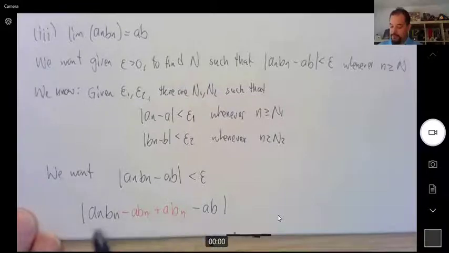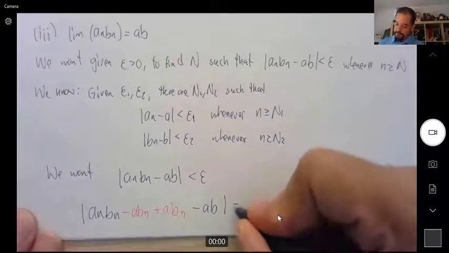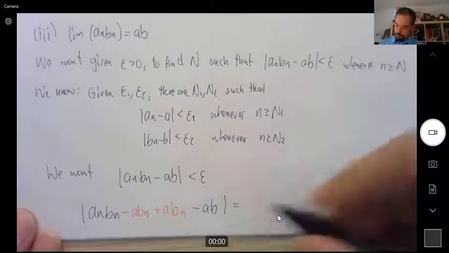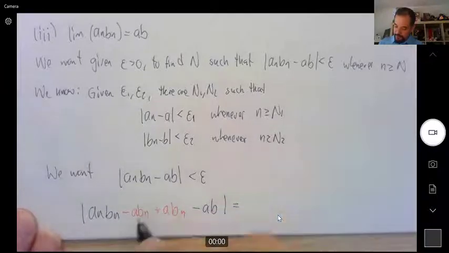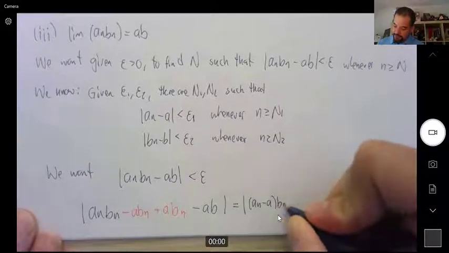And the reason this is useful is because we can then combine the first 2 with the last 2, right? Look at it here. If I combine the first 2, they have in common BN. So it looks like AN minus A times BN.